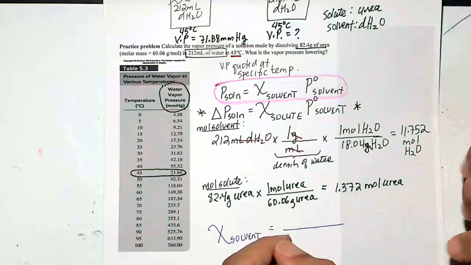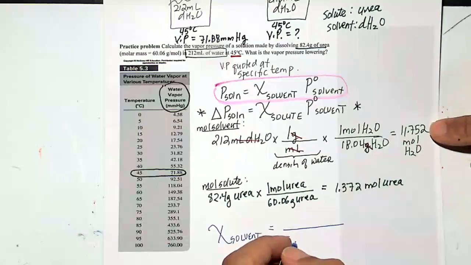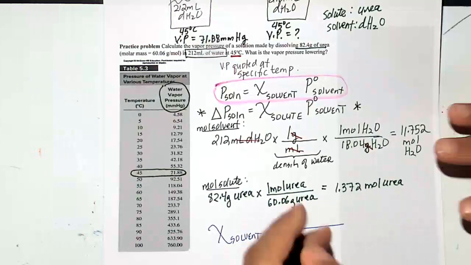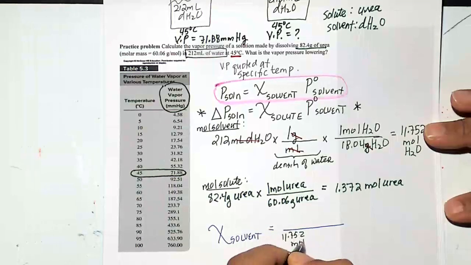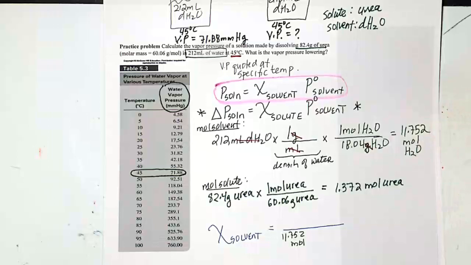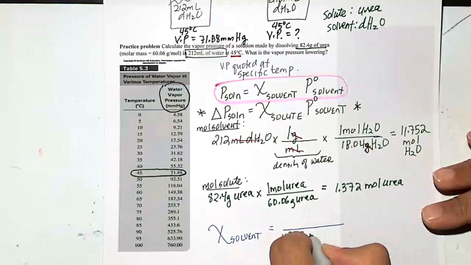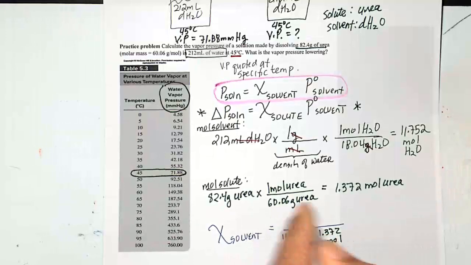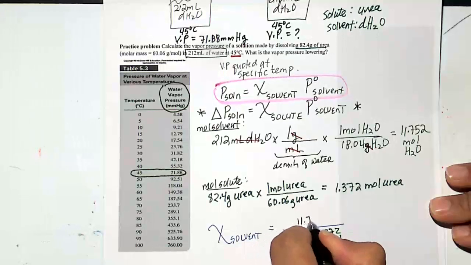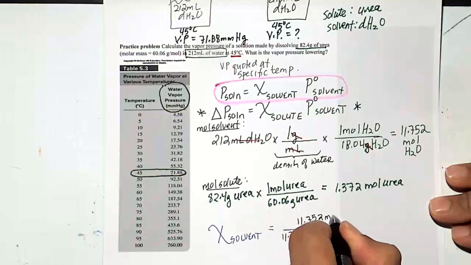What's the whole thing? Correct. So this is going to be 11.752 moles plus 1.372 moles of our solute in the denominator. In the numerator it's going to be the solvent, which is 11.752 moles.